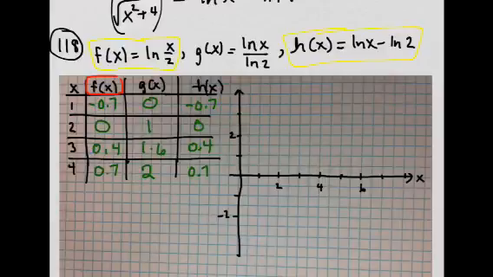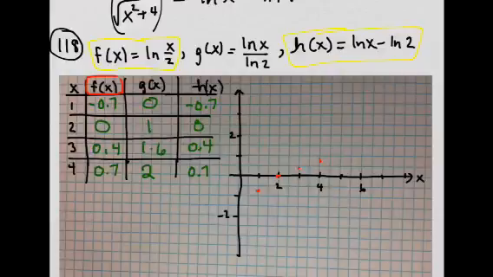I know it says to use a graphing calculator, but I'll just graph it by hand right here. So for f of x, we have 1 with negative 0.7, so that would be about here. And then 2, 0.3, about here, and 4, with 0.7, so that'd be about here.